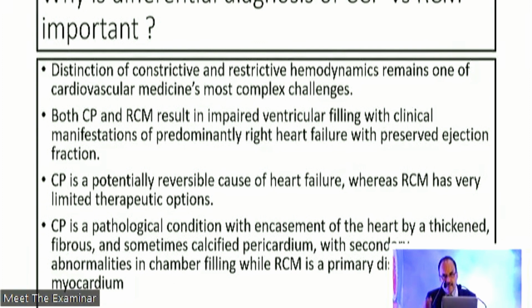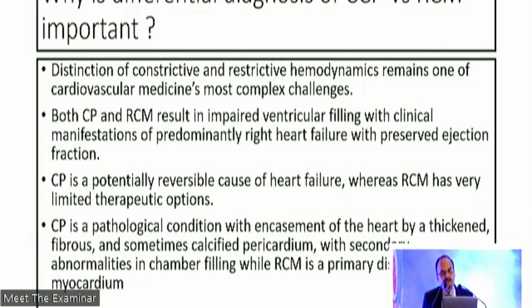The important thing is, first of all, why is it important to differentiate between constrictive pericarditis and restrictive cardiomyopathy? The JACC article writes as its first line that this remains one of cardiovascular medicine's most complex challenges.